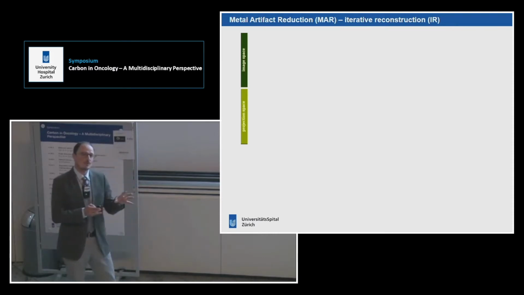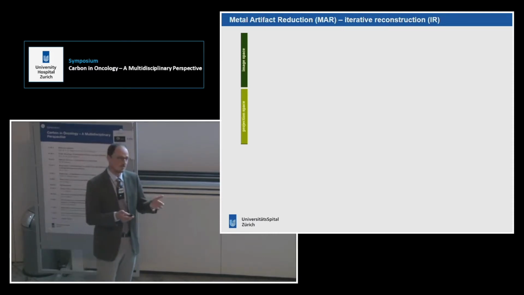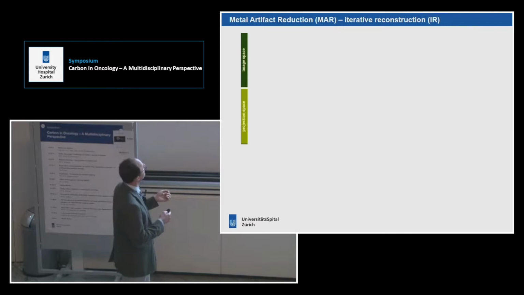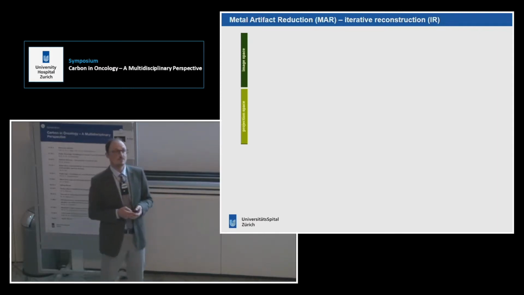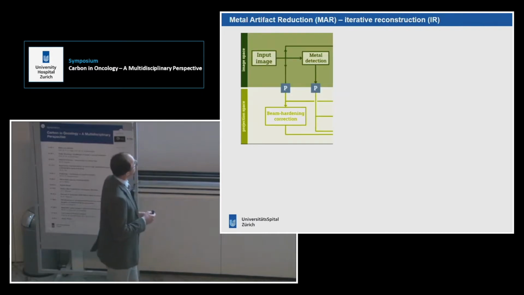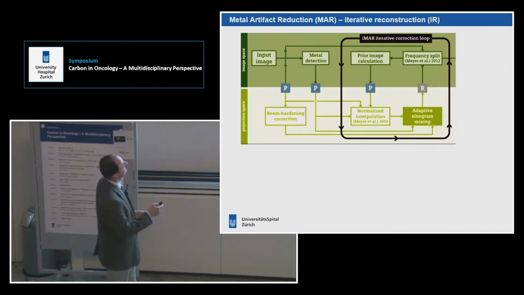This was one thing from the acquisition side, dual energy CT, but there's actually another advance in reducing artifacts in CT images, which comes from the reconstruction side. And I will not go into detail of that graph. I just want to show you that it's all about that loop, an iterative reconstruction loop.